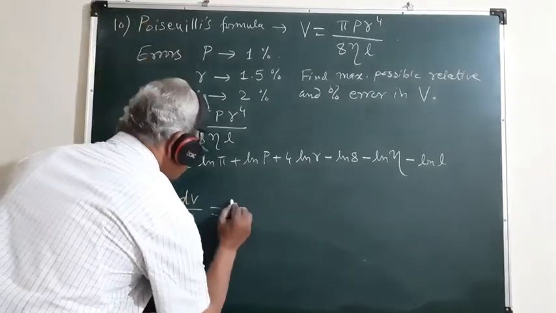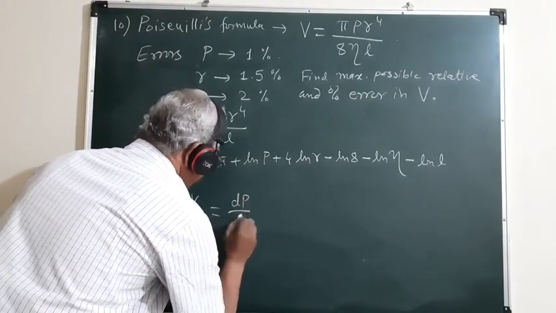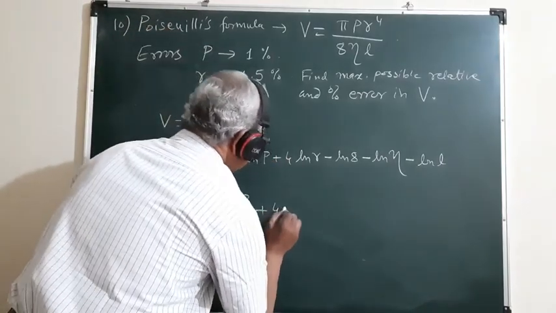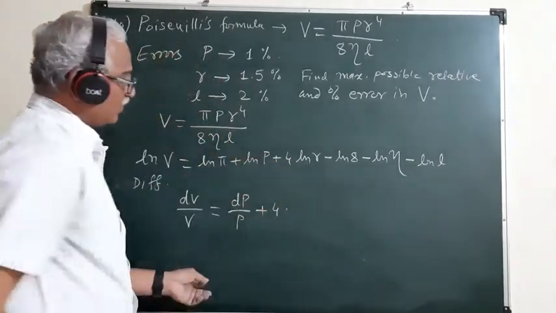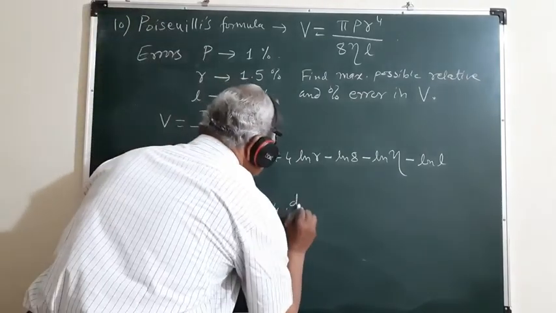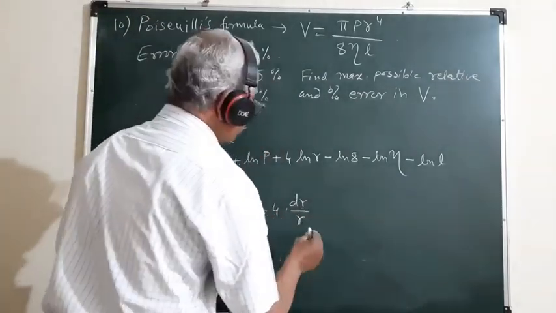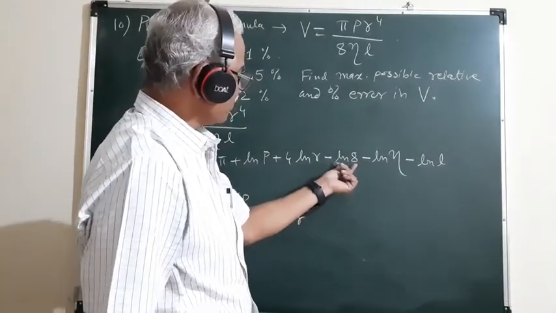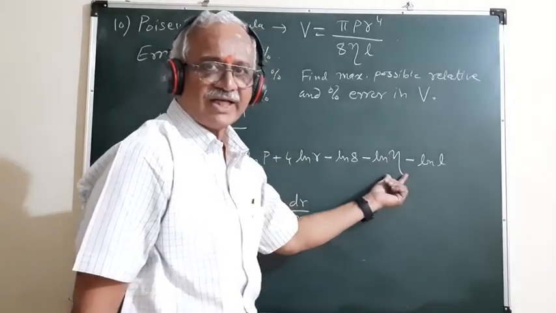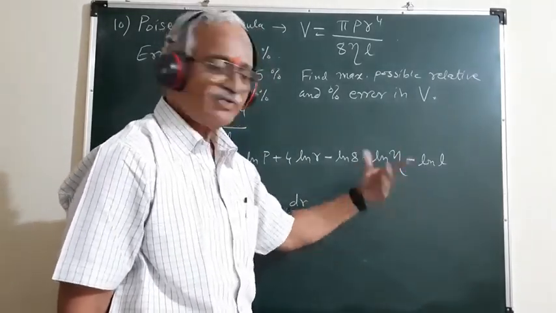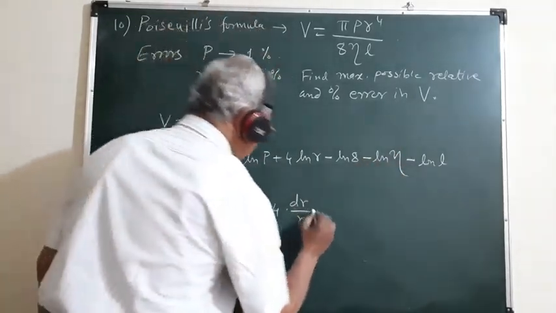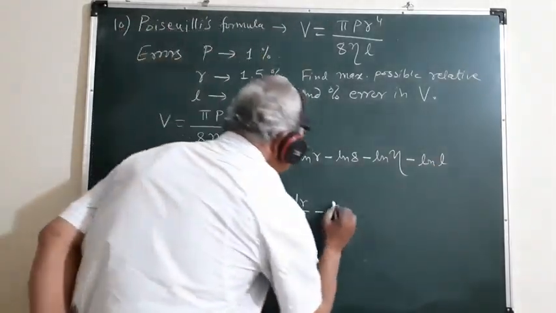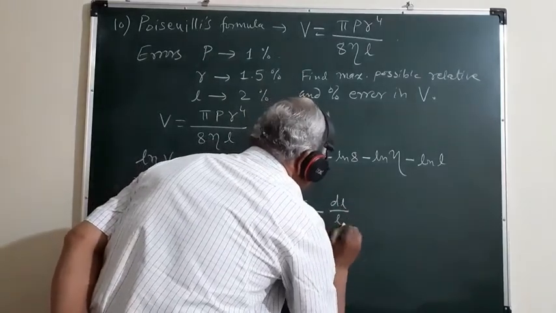Differentiation of ln p will be dp by p plus 4 times differentiation of ln of r will be dr by r. Ln of 8 is a constant, so its differentiation is 0. Eta is constant for the given liquid, so its differentiation again will be 0, and it is minus differentiation of ln of L, which will be dl by L.